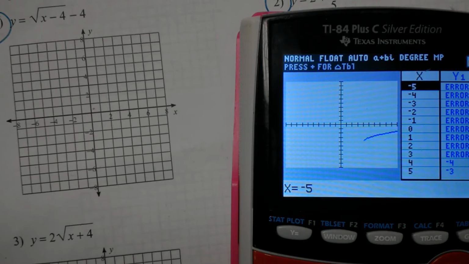So then for the table, what you want is to see all those errors. And then that first x value that does not give you an error tells you that's your first point, 4, -4. So that point is important. It tells you about the domain and the range. It tells you a little bit about the transformations. It tells you a lot about the function.